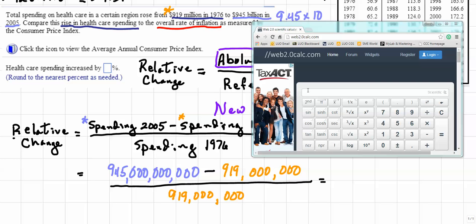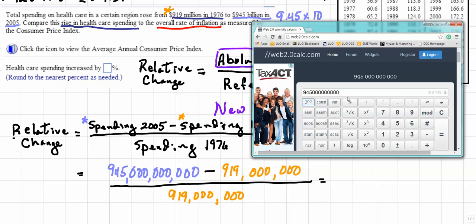I've brought up web 2.0 calc.com, and we'll just type this in, 945 billion. And you'll notice right up here that it gives you the breakdown, so you know that you have typed in the exact amount. We're going to subtract from that 919 million, and you'll see that I have this answer.